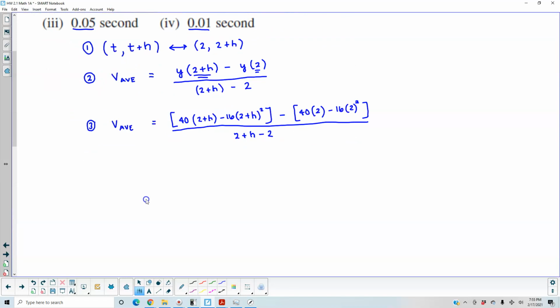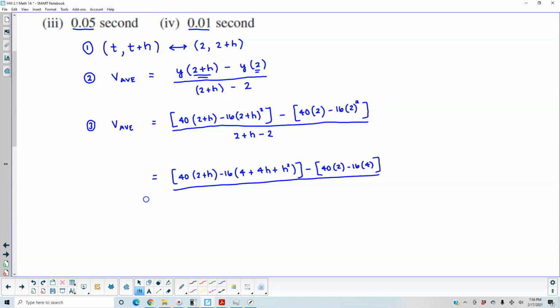Now let's simplify this a little further. Let's square what's inside the bracket. So we have 40 times 2 plus h minus 16 times 4 plus 4h plus h squared, and that's minus 40 times 2 minus 16 times 4.